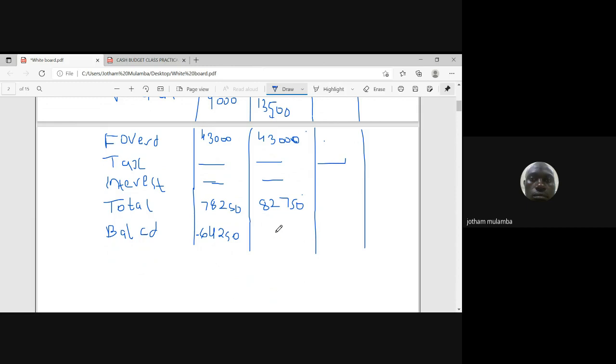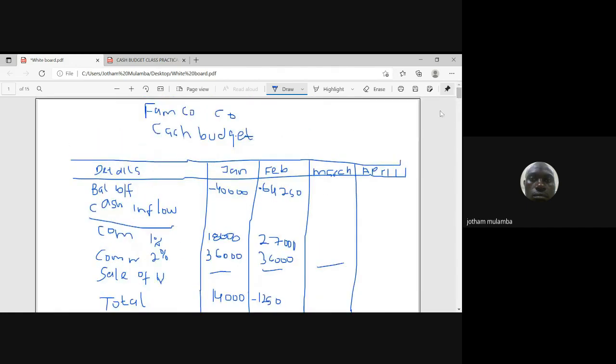Negative 1,250 minus 82,750 is minus 84,000. So our closing balance for February now becomes our opening balance for March.